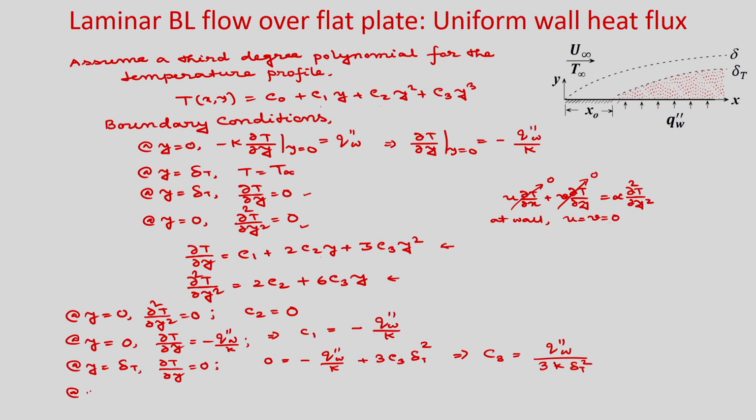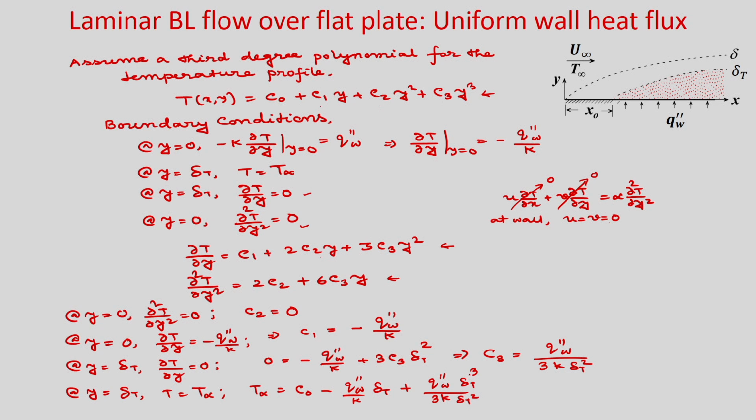Now, another boundary condition you apply at y equal to delta T is T equal to T infinity. From this equation you can write T infinity equals C naught, C1 is minus q double prime w by k delta T, C2 is 0, and C3 you can write plus q double prime w by 3 k delta T cube by delta T square.